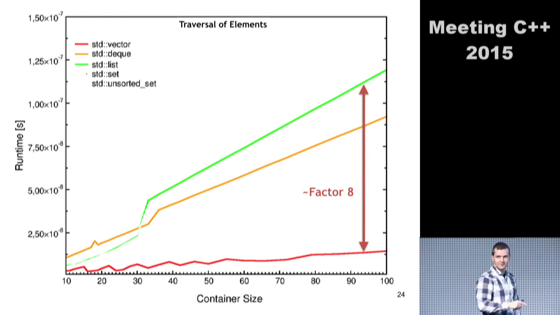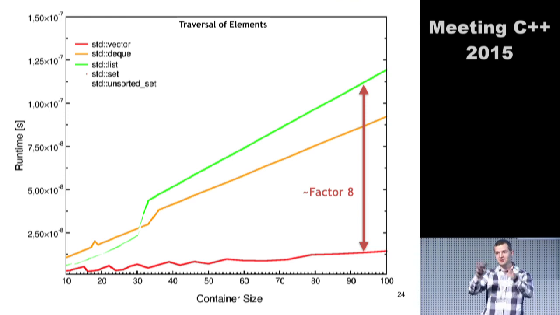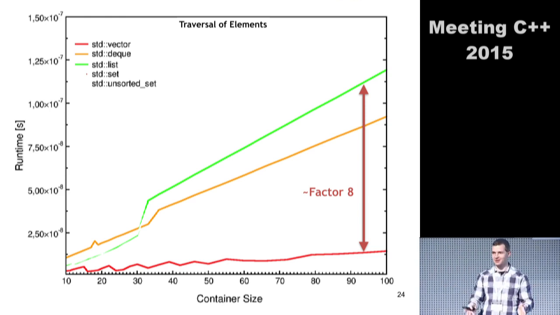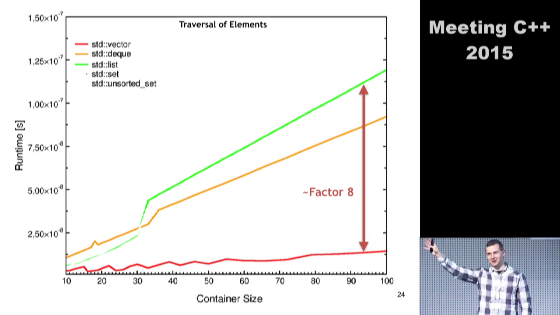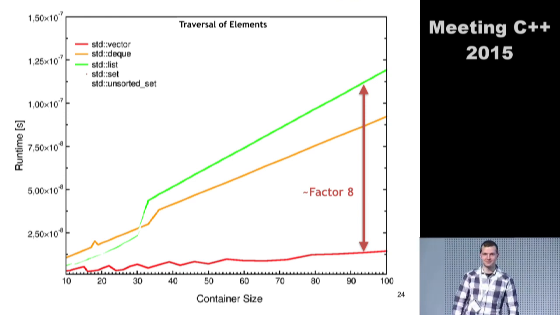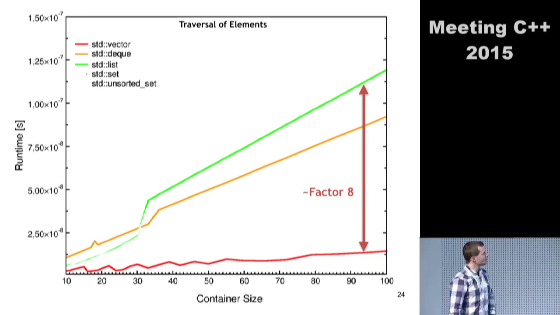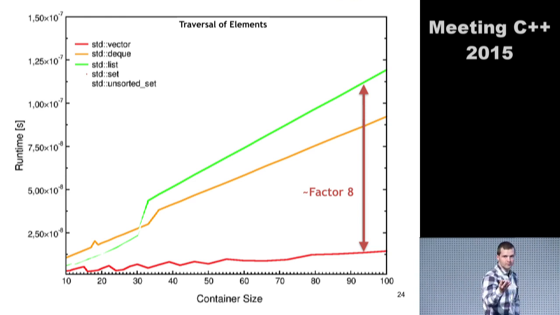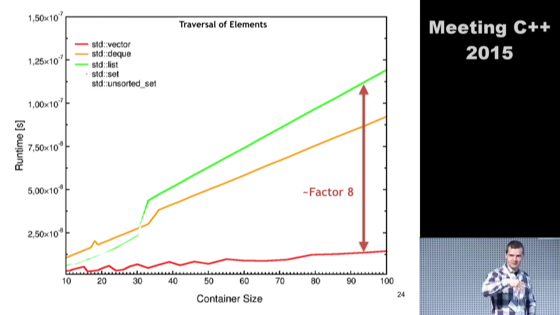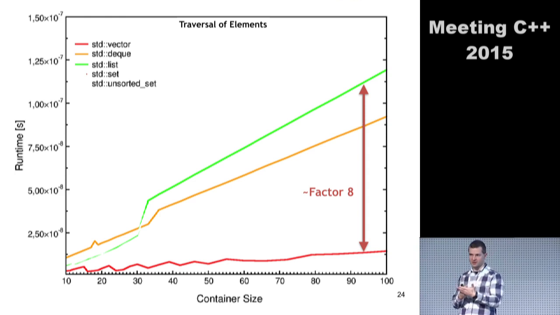It's always good if the audience discusses the topic. Potentially, exactly. This is one additional disadvantage of the list. All the elements are somewhere in memory, and of course, you cannot vectorize this.